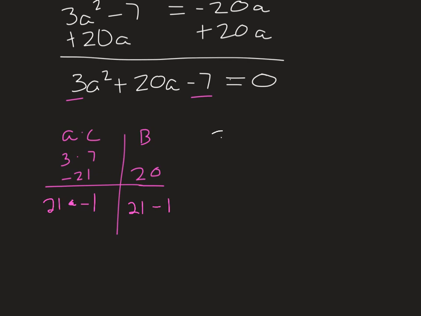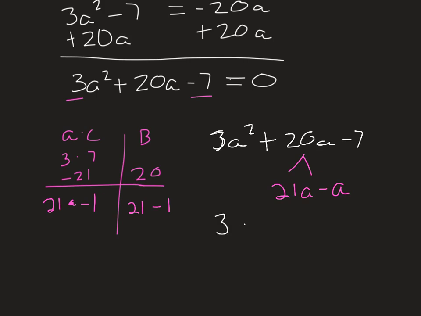So the whole point of doing that was that now we're going to take the original problem. I'm going to forget about the equal 0 for a second, even though I know it's already there. And I'm going to break up that middle term into 21a minus a.